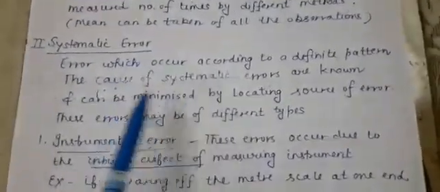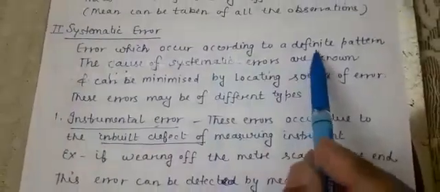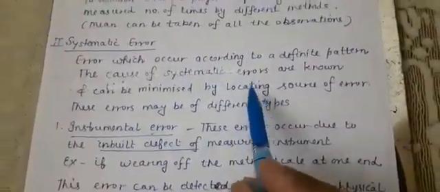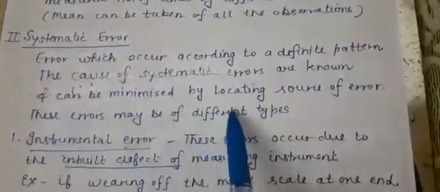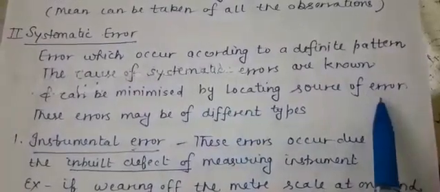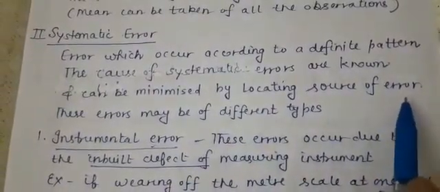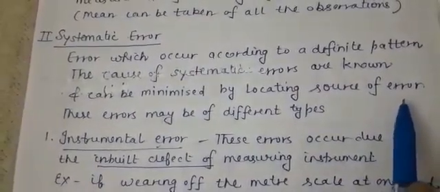Systematic error. These are errors which arise according to a definite pattern. Basically the causes of systematic errors are known and can be minimized by locating the source of error. Here we can easily locate what kind of error it is and what the reason for that error is, so correction can be easily done.